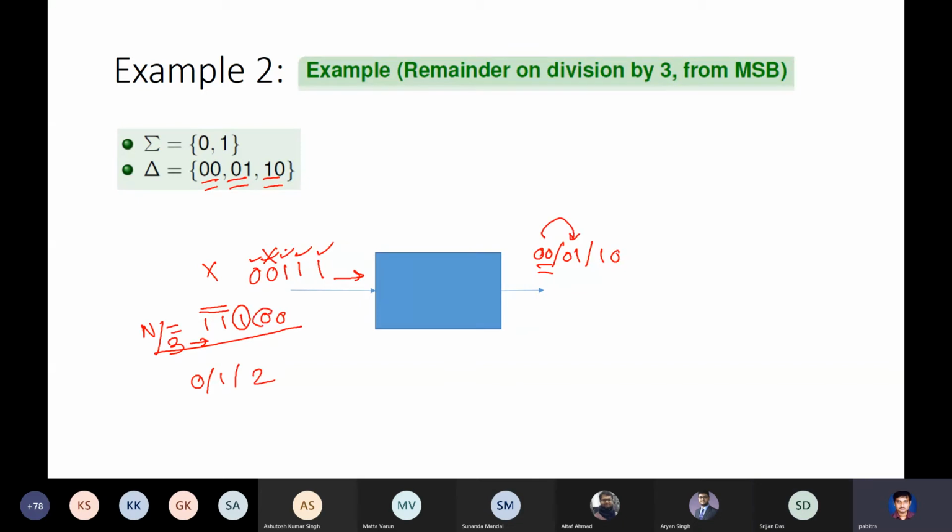If the next bit is 0, currently you are in this state. What is the transition? From 1 to 2. A transition like this. So depending on what your next input is, your remainder changes.